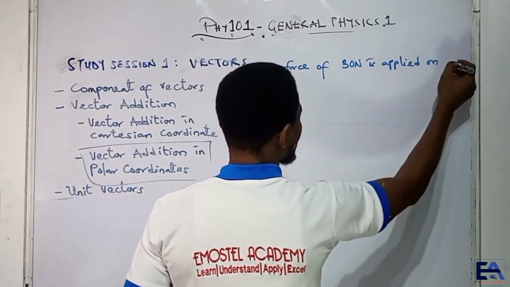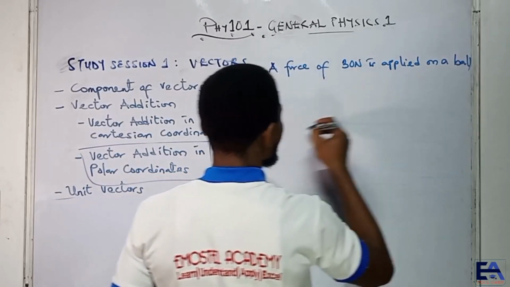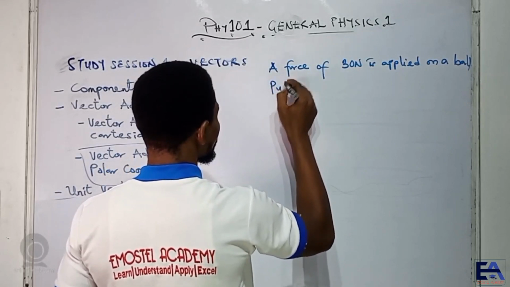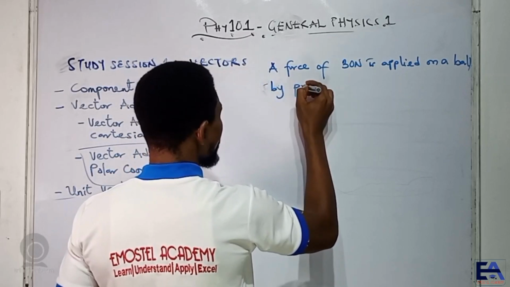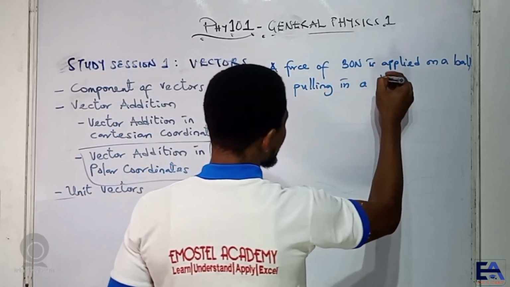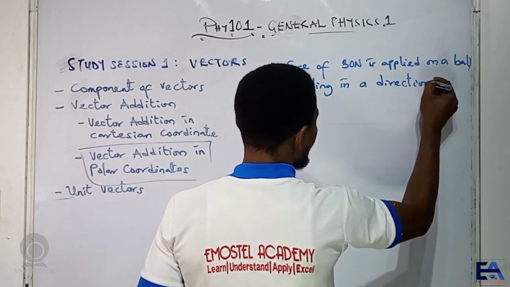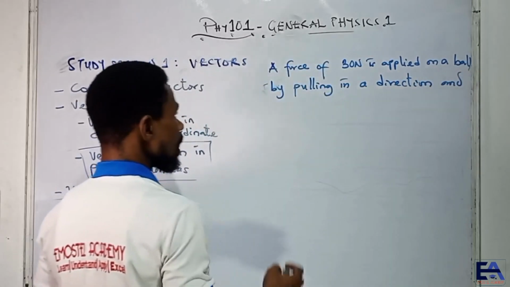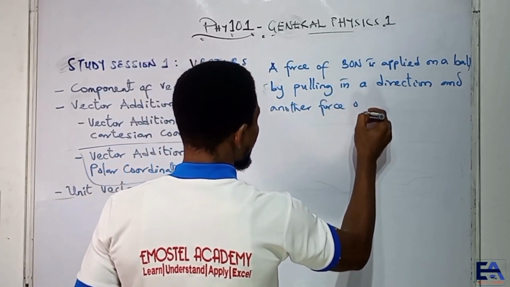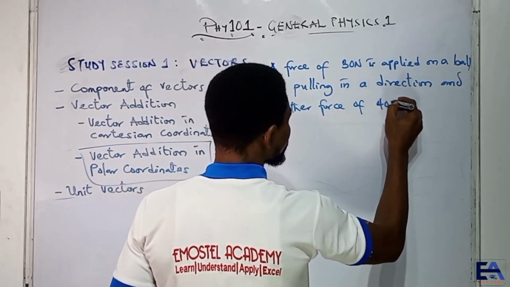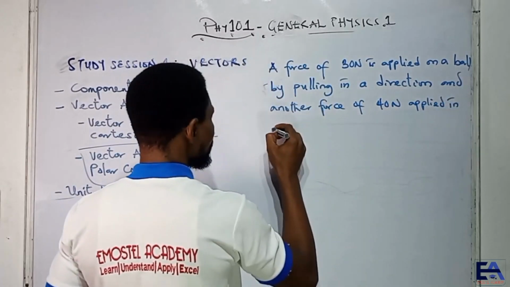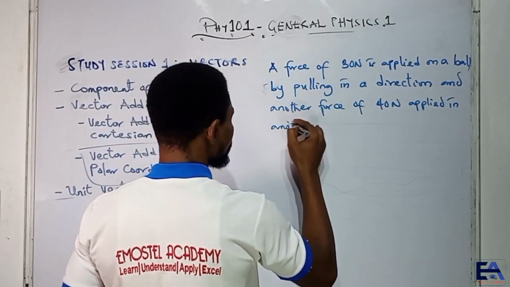If a force of 30 Newton is applied on a ball by pulling in a direction, and another force of 40 Newton applied in another direction.